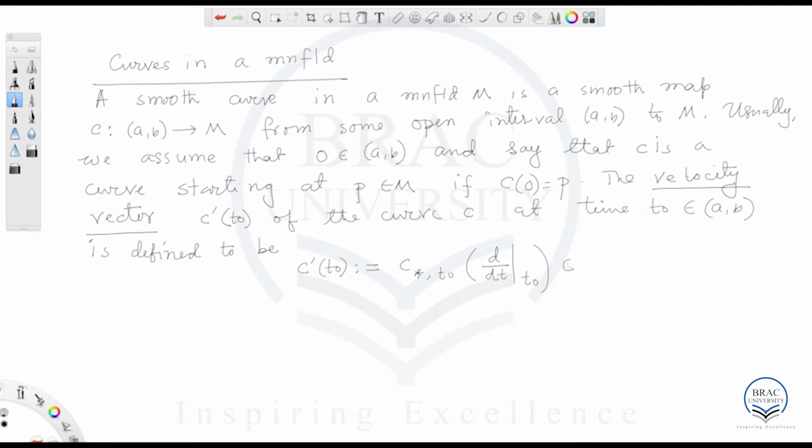And this is in the tangent space to M at the point C of t0.